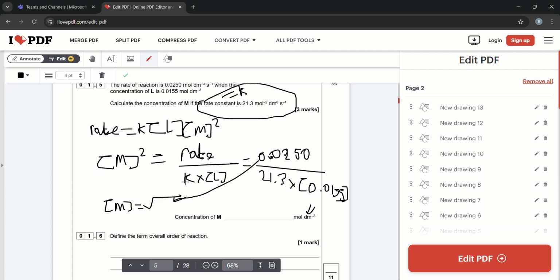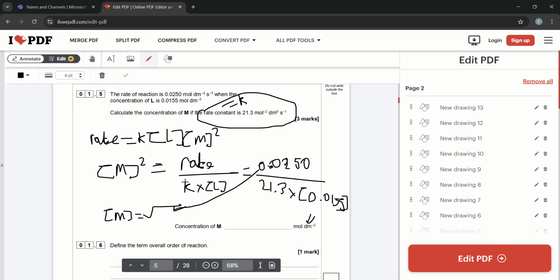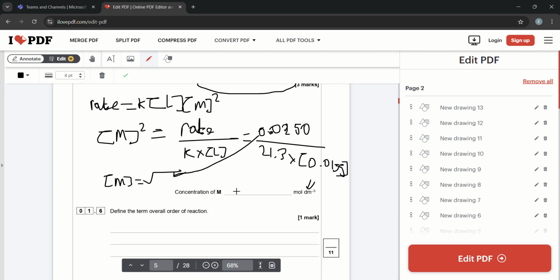Which in the exam I'd write it all down, but it's just a waste of time since I'm drawing on a mouse. 0.0250 divided by 21.3 times by 0.0155, and then just press square root, and I get 0.275 mole per dm minus cubed.